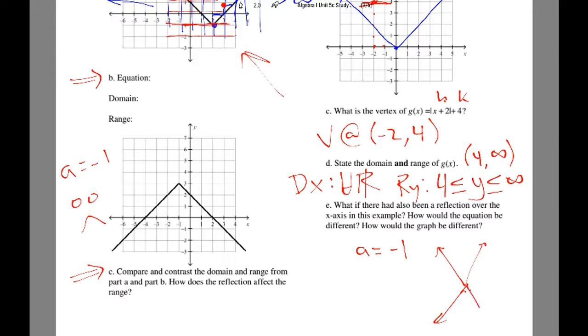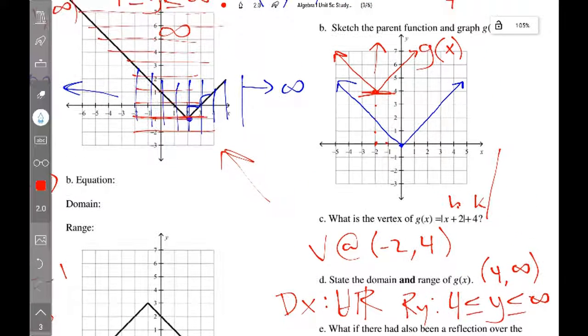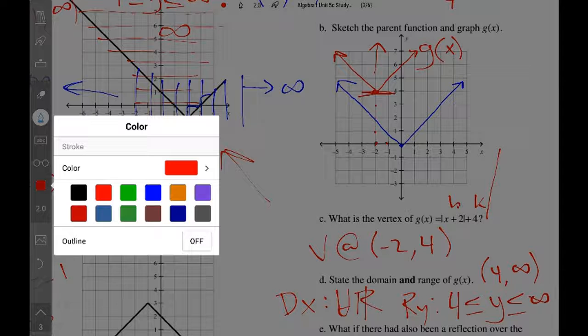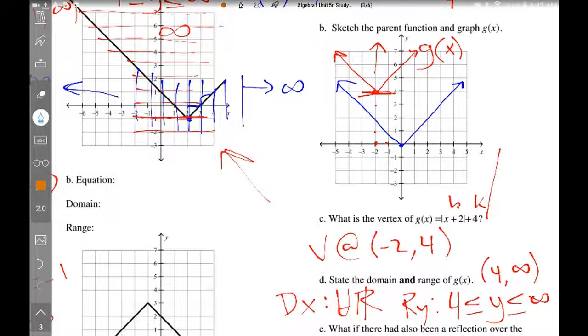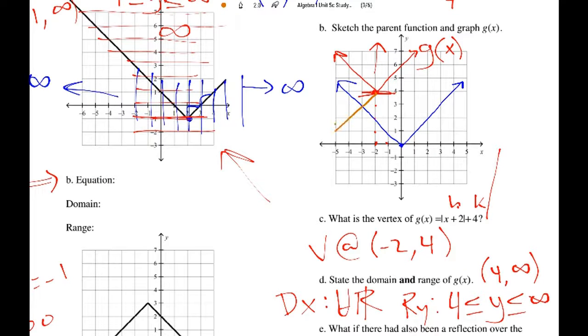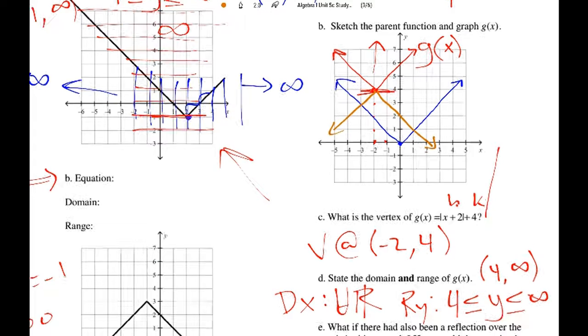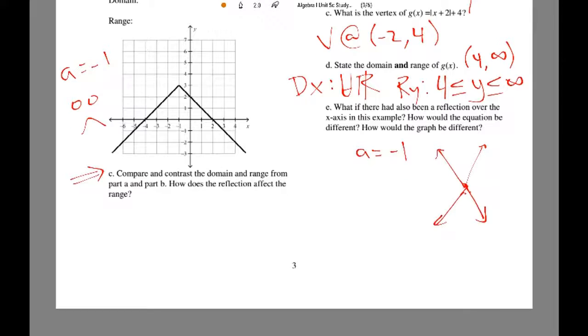The vertex will stay the same, and that's probably what you should mention. Your vertex stays the same. It just reflects. If g of x was negative, his vertex would stay the same. He just reflects. He just goes upside down. And that's what you probably could mention.